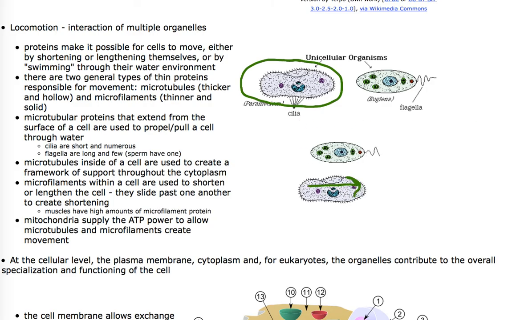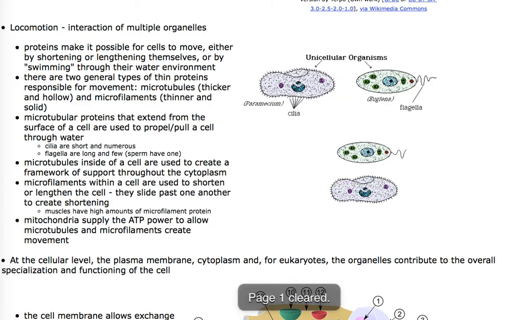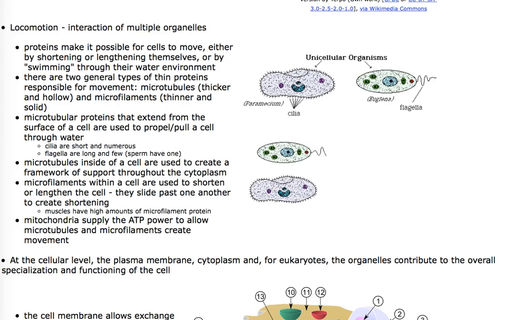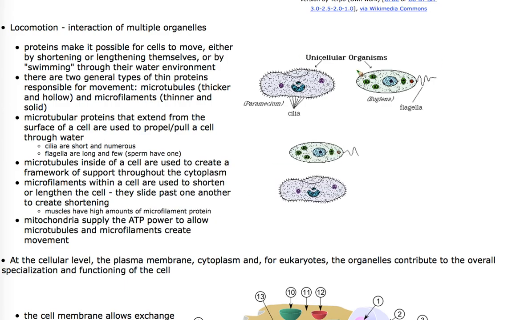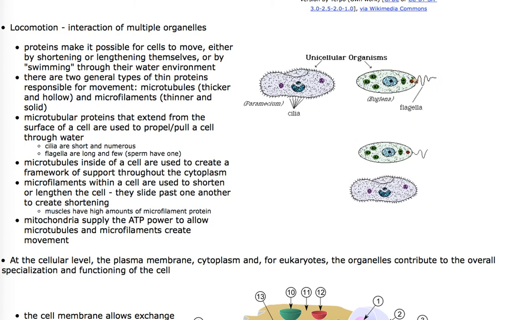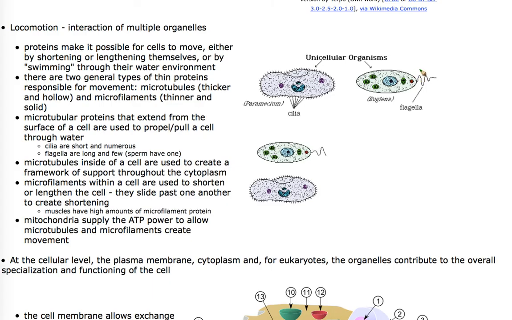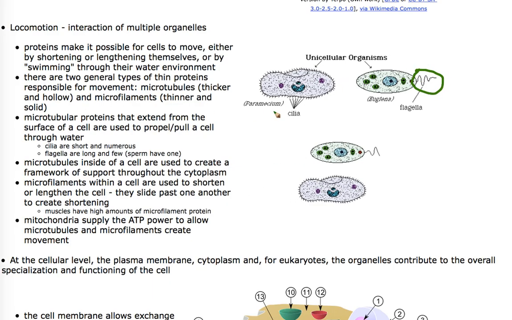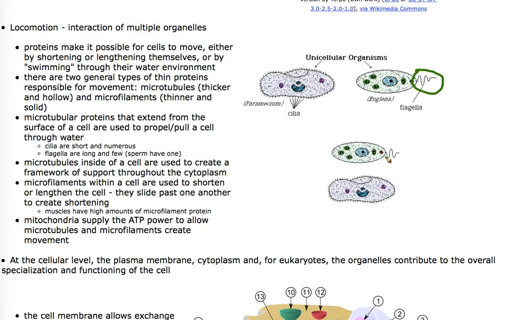There is another strategy that microbes employ, and that is the flagellar strategy. In this case, some cells have just one or two long microtubular projections. Then it's called a flagella, or flagellum is singular. And the flagellum is usually used to pull, but sometimes to push the cell.